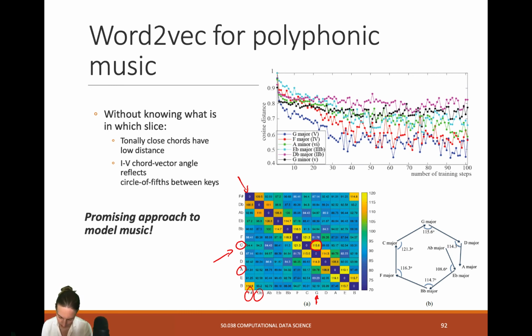Let's take another example. These chords are ranked according to the circle of fifths on my axis here, and we immediately see that adjacent chords are more similar. So again, something about this circle of fifths that is so important in music theory is learned. And if we plot the cosine, the angle between the vectors, again we see that they have similar angles, thus creating a multidimensional circle of fifths again.